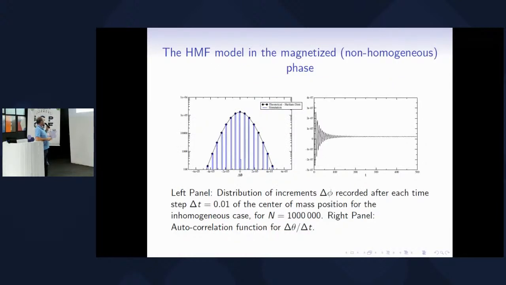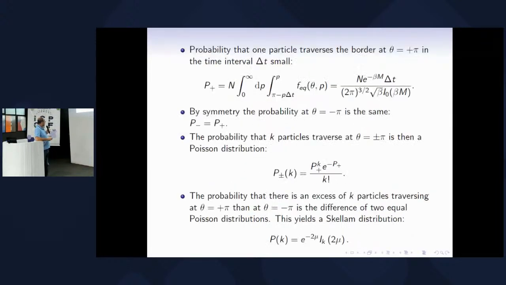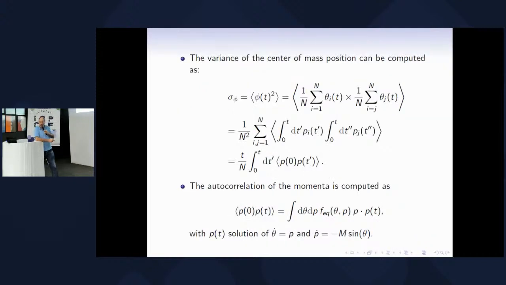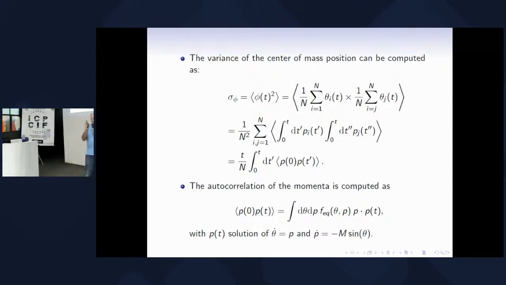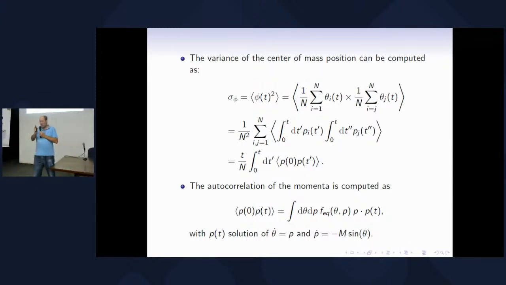And, well, in this way, we also know that the increments of the position of the center of mass will follow this Skellam distribution, because it's just this excess of number of particles. It will make the center of mass jump.